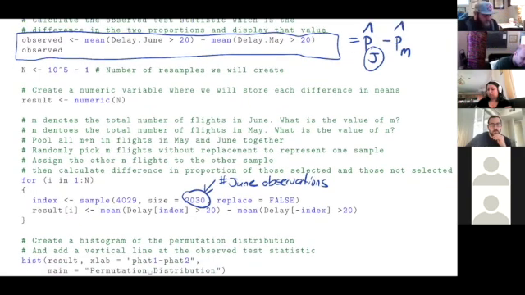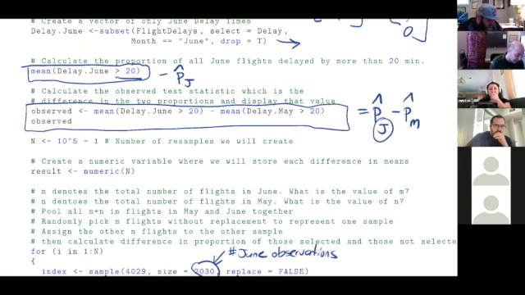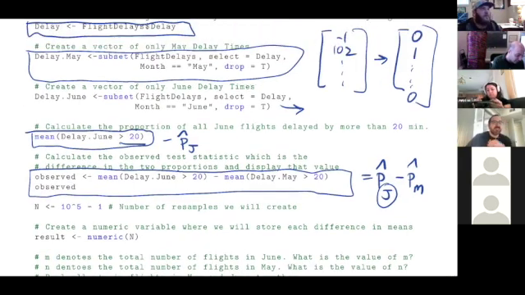So this is going to pick 2030 to be our replacement for June. And then for those 2030 things that it picks, right, it's going to go back into the data set that we had way up over here, which was all of the data combined for May and June.